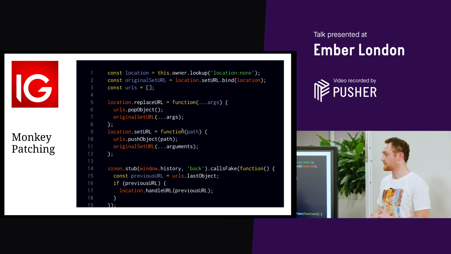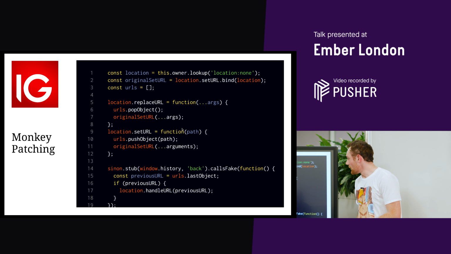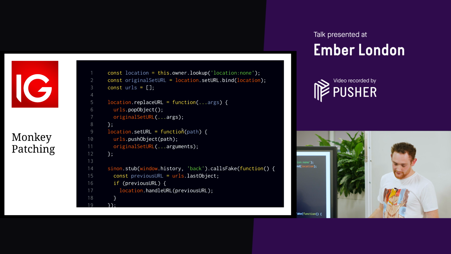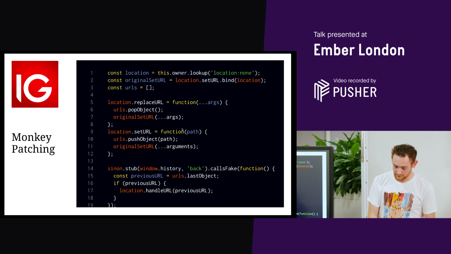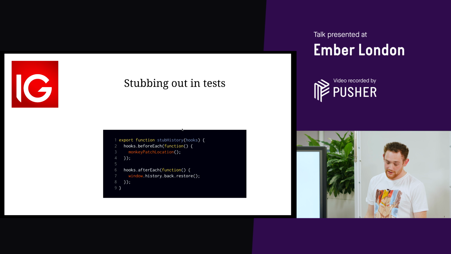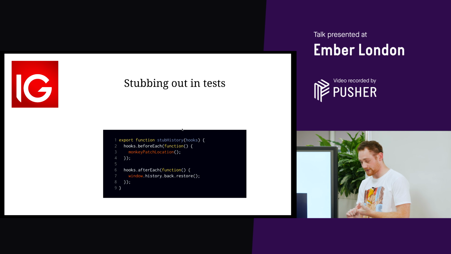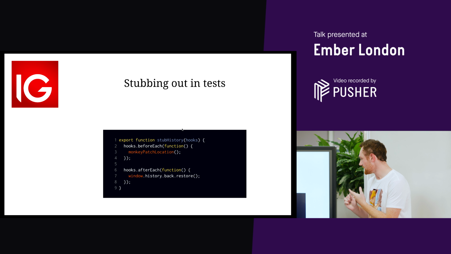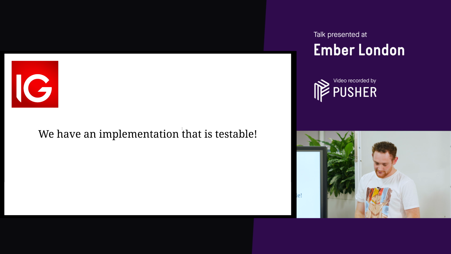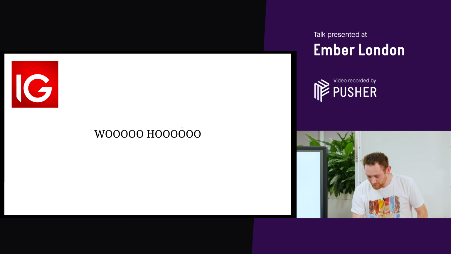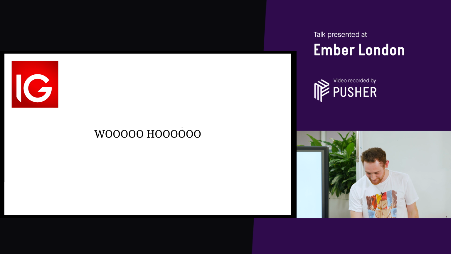So it's exactly the same as the implementation we have on our route. Then when we call back, we can check if we have a previous URL and then return to that previous URL. Then on each test, we just call before each, monkey patch that, and afterwards we restore. Woo! So we have an implementation that's testable, which I was so happy with.